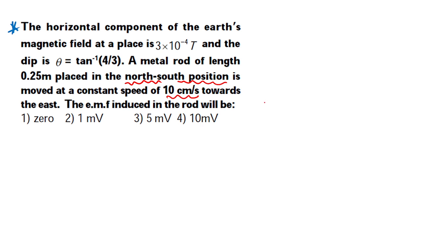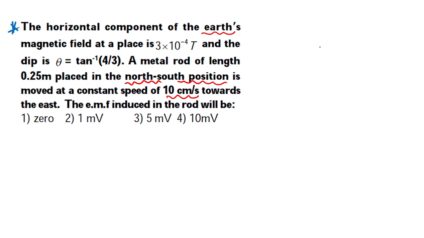Shall we start, buddy? The question is very simple, but before that, we should know about the Earth's magnetic field. Did you finish writing? Upon the Earth, there is definitely a north to south magnetic field.